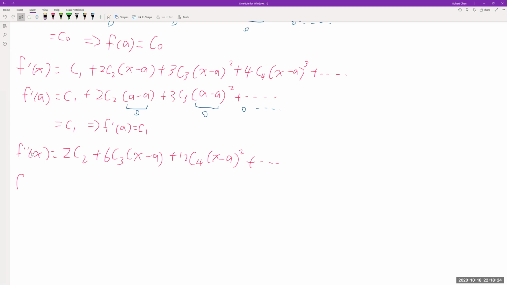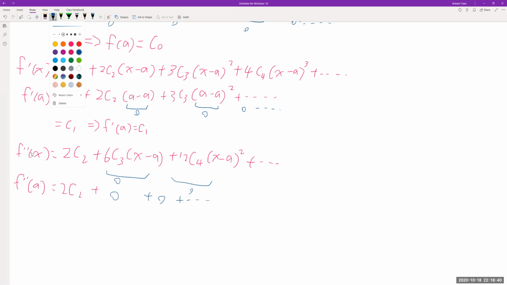Then when we plug in a, we get 2c2 plus 0, 0, and 0, because those are 0 when x is equal to a. So we get 2c2, and that says f double prime of a is 2c2.